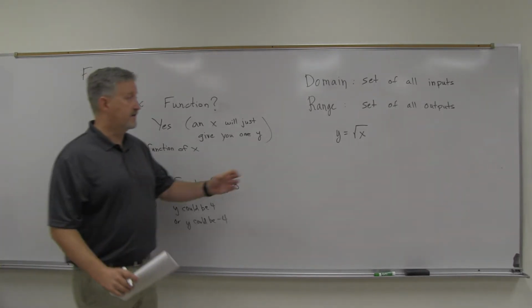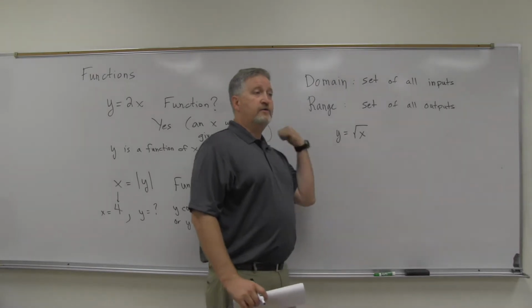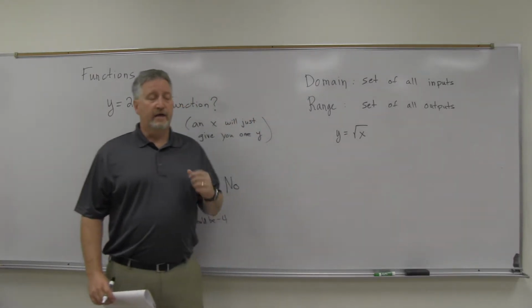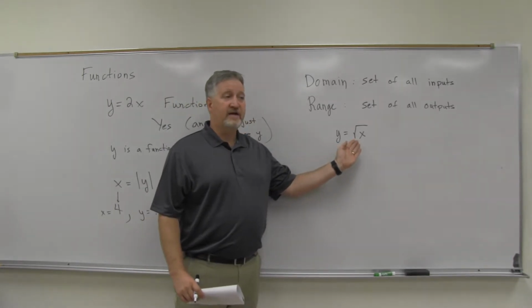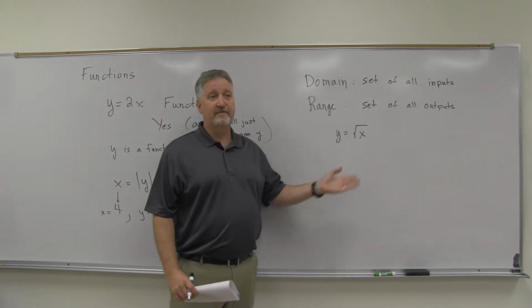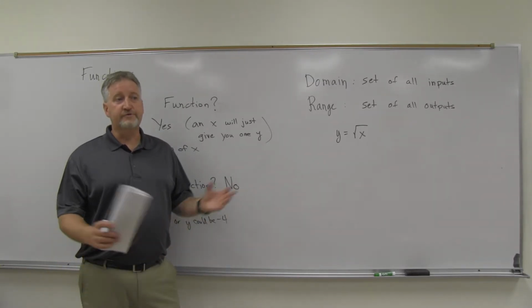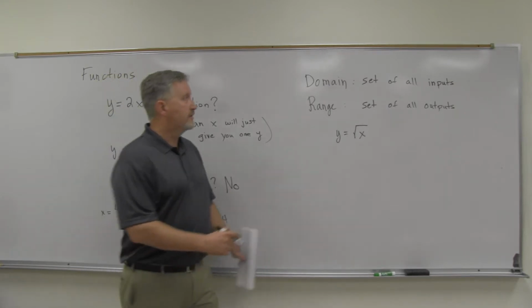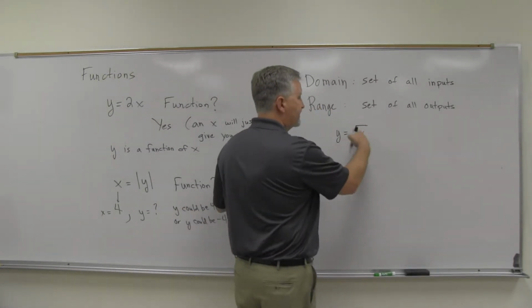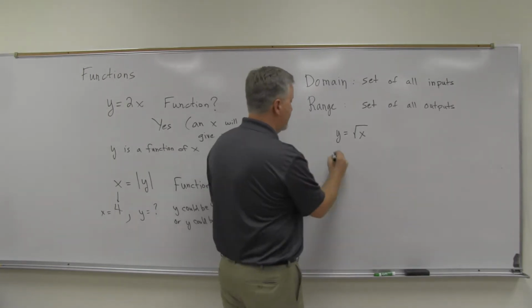Well, since it's under the square root, I can't use negatives, because if I do the square root of a negative, that's going to give me an imaginary number, and those aren't real numbers. They're outside of the real number set. So here, the set of inputs, x can only be 0 or greater. That would be my domain here.